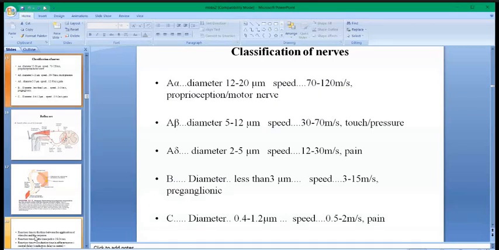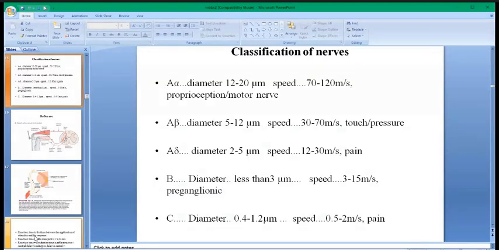Endoneurium, perineurium, epineurium cover it, and the whole thing is called nerve. And to give nutrition and gaseous exchange in that tissue, there will be some blood vessels. All together make a nerve. Neuron does not mean nerve. Neuron is a part of nerve. Am I clear? So we are talking about nerves.